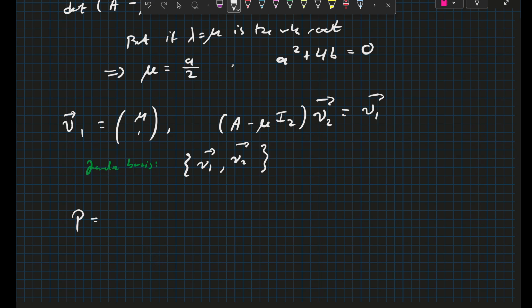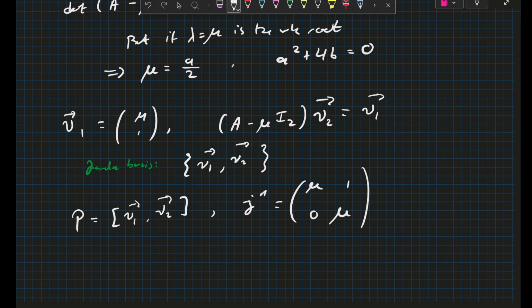We get P as a collection of v1 and v2, and a Jordan block matrix J, where J is mu, 1, 0, and mu, where these are chosen such that A is equal to P times J times P inverse, where A is still our matrix from before.